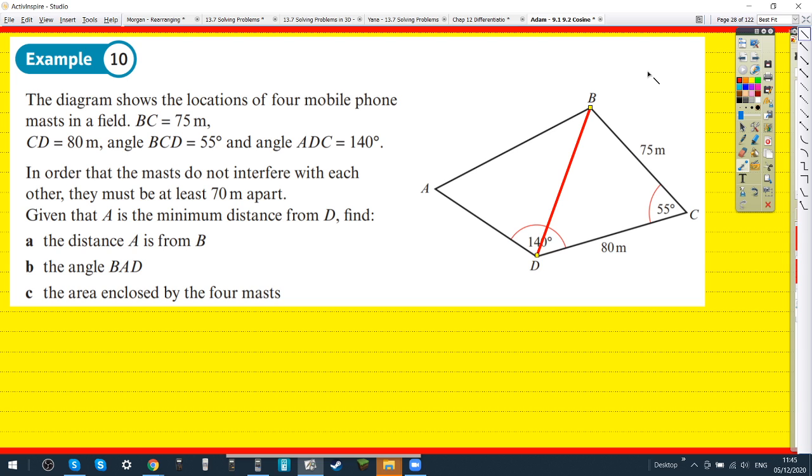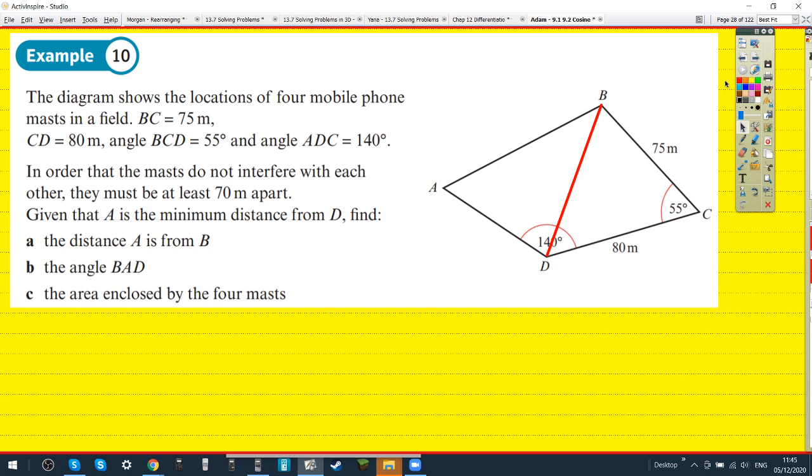Area equals half times A times B times sine C. So could you do area equals a half times 75 times 80 times sine 55? Yep.